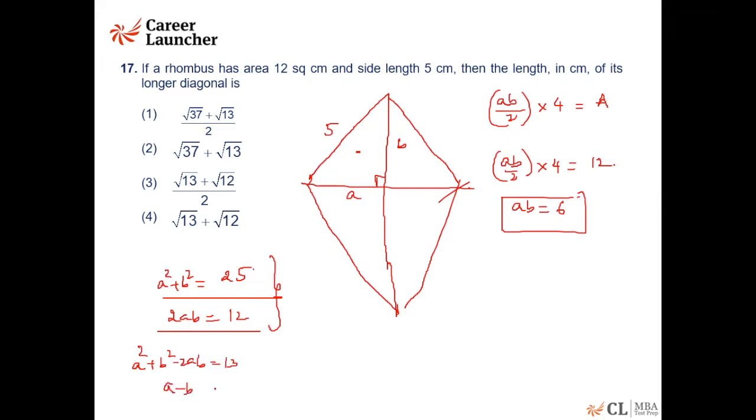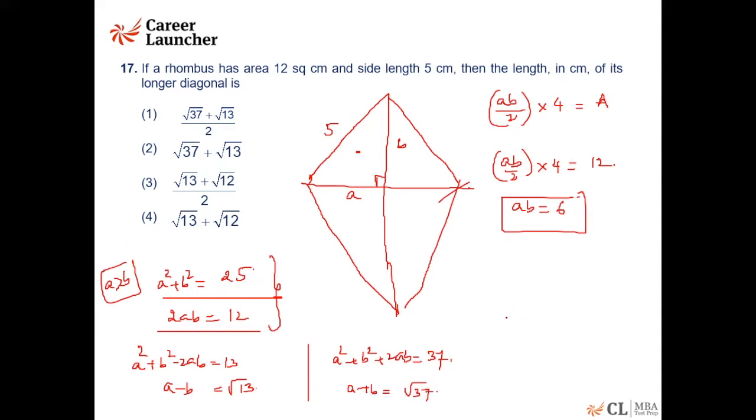A minus B is equal to root of 13. Let's assume that A is greater than B. Similarly, if I add them up, I'll get A squared plus B squared plus 2AB is equal to 37, and A plus B should be equal to root of 37.